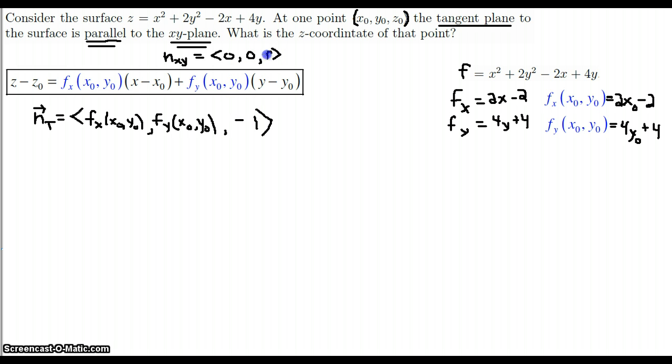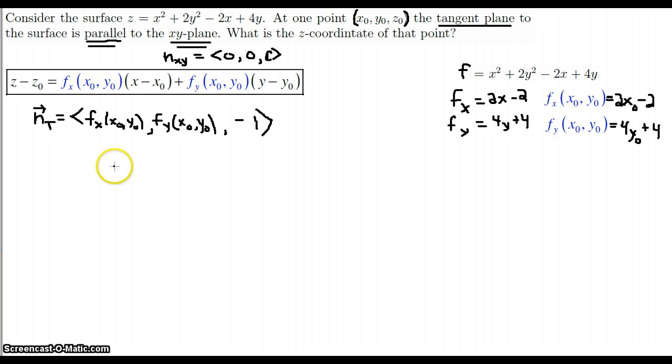Any normal vector to the xy plane looks like that. If you're going to have parallel planes, they have normal vectors that are scalar multiples of each other.